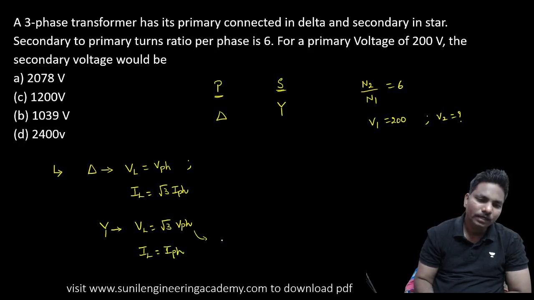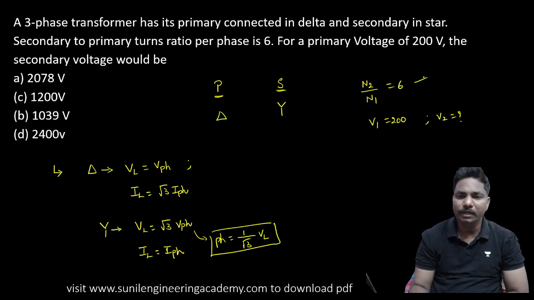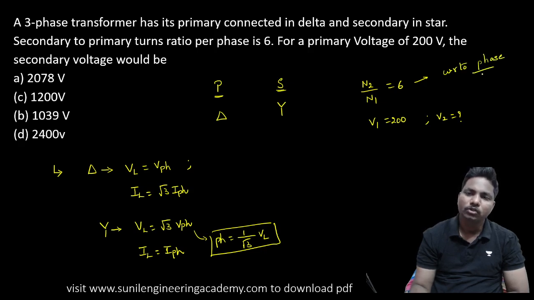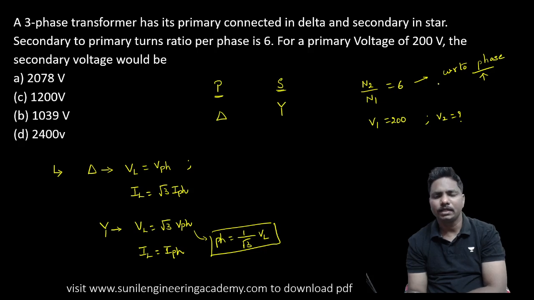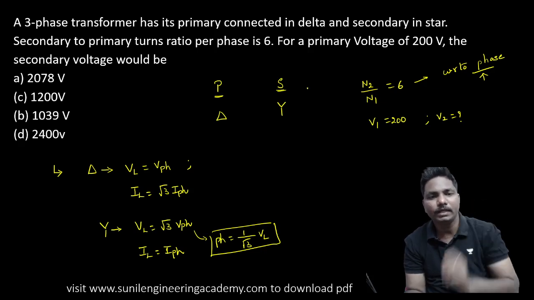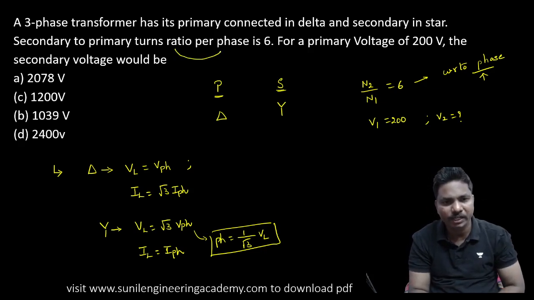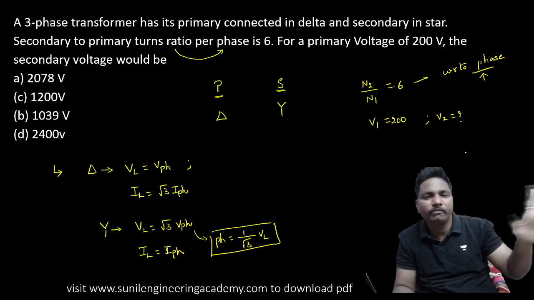So phase voltage is 1 by root 3 times the line voltage. Very important: the turns ratio is always with respect to phase, not line. We always take the number of turns per phase. Here also they have given the ratio per phase, not per line values.